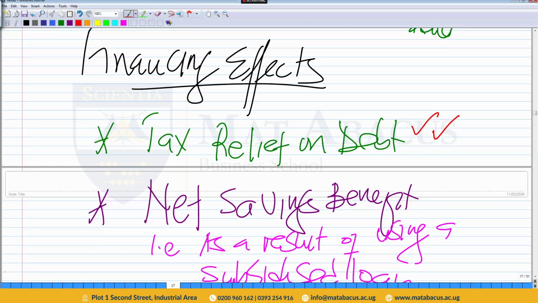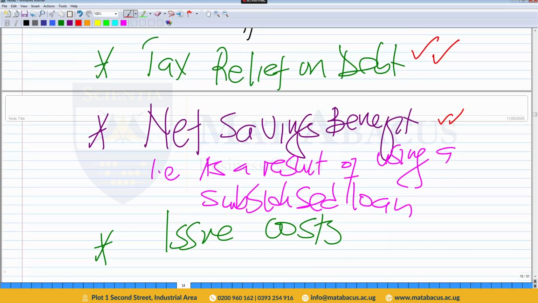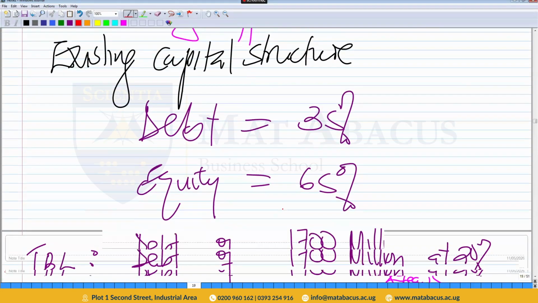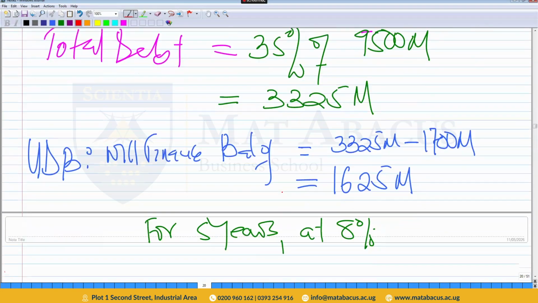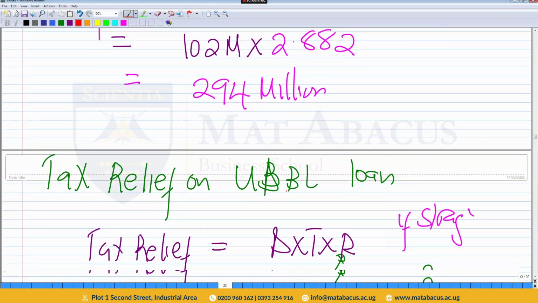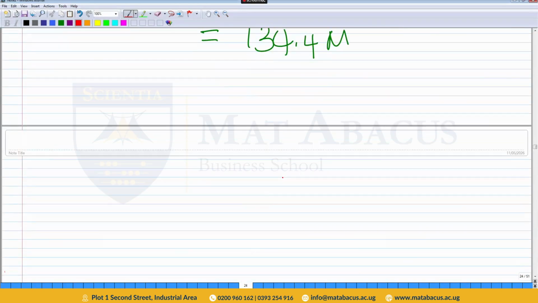Now we are going to go on the net savings benefit. How do we get the net savings benefit? The net savings benefit is done on a subsidized loan. We go and present that. Come and write here.